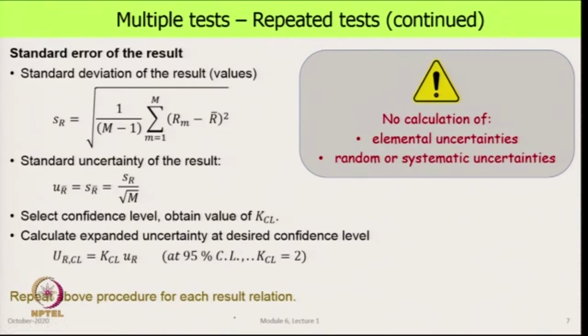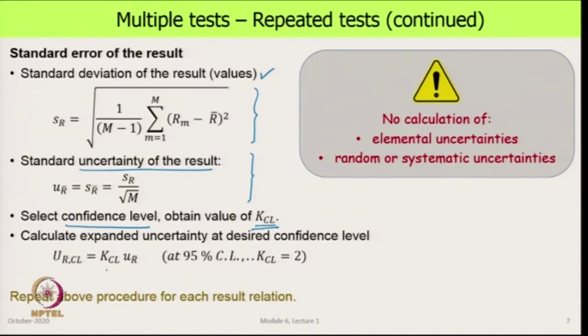Then we calculate the standard error of the result, for which we first calculate the standard deviation, which is the same formula that we have in statistics, and using that we calculate the standard uncertainty of the result or the standard error, which is UR bar. We then select a particular confidence level that we are interested in, and from the tables we obtain, we do not calculate it, we just obtain the multiplication constant or the multiplier.